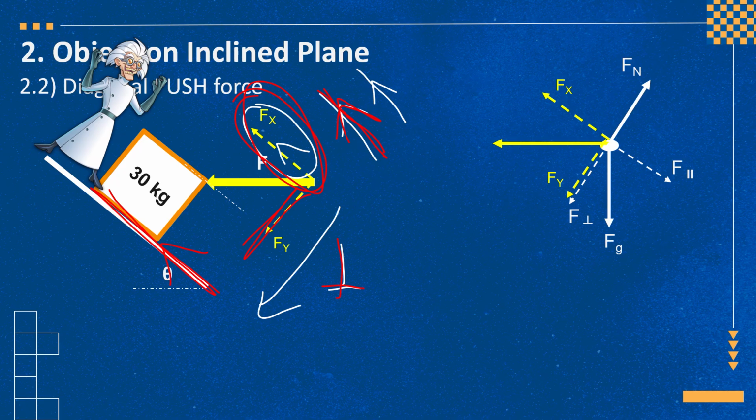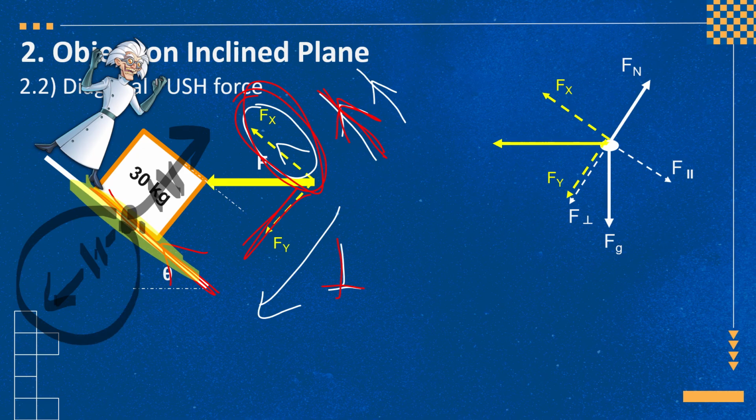Again, if that box stays on the surface, whether it's moving with a constant speed, acceleration, or just standing there doing nothing as usual, then we know that the normal force must be cancelled out by something down here. And this something down here we must find on your free body diagram.